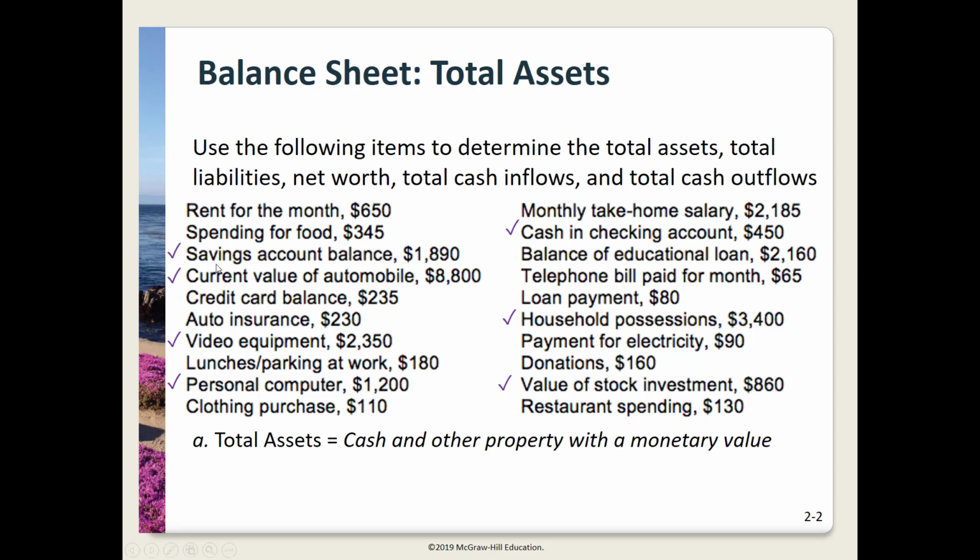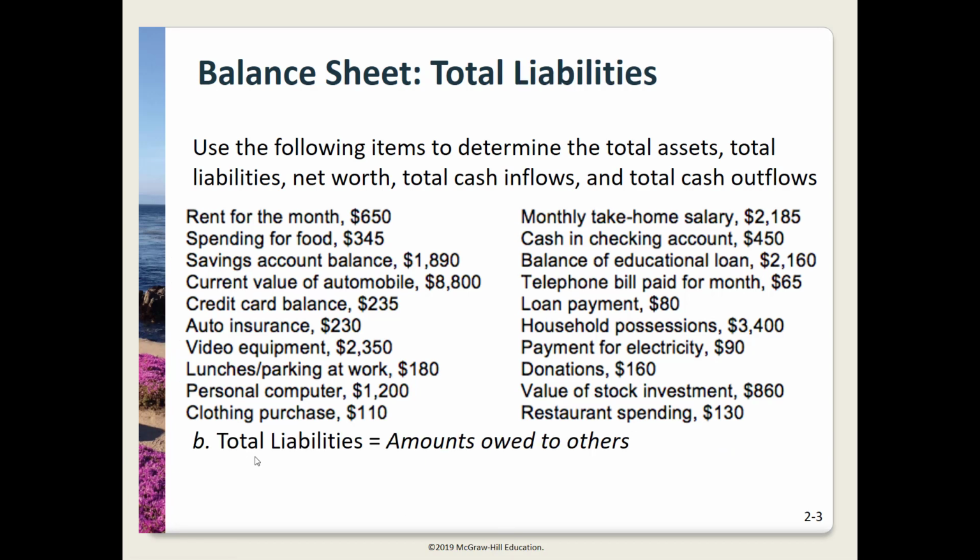In this case, we have a savings account, a checking account, and an investment account. So adding up all those values, our total assets are worth $18,950. Now in part B, we're working with the total liabilities. In other words, this is the amounts that we owe to others. So going through our items, we can see that the credit card balance is what we owe to the credit card company.